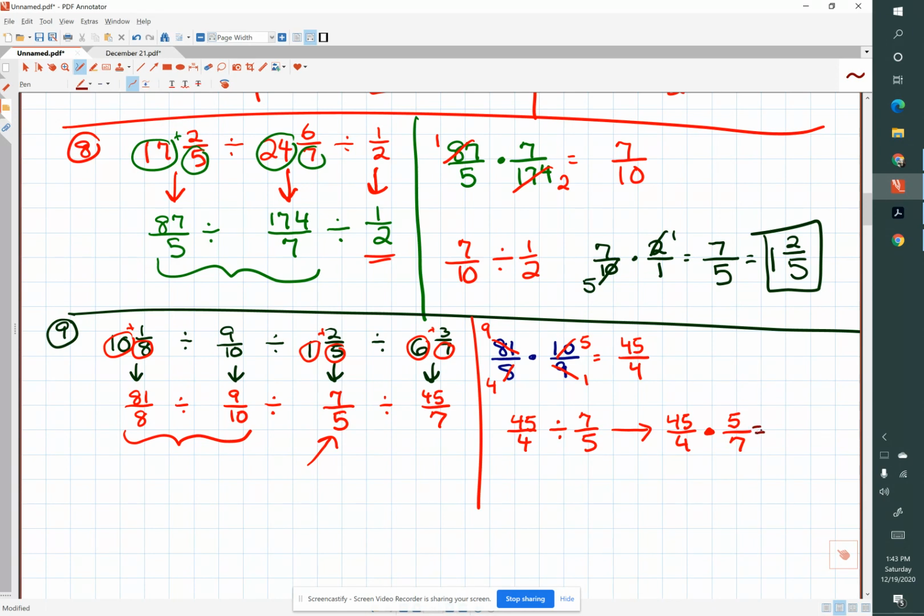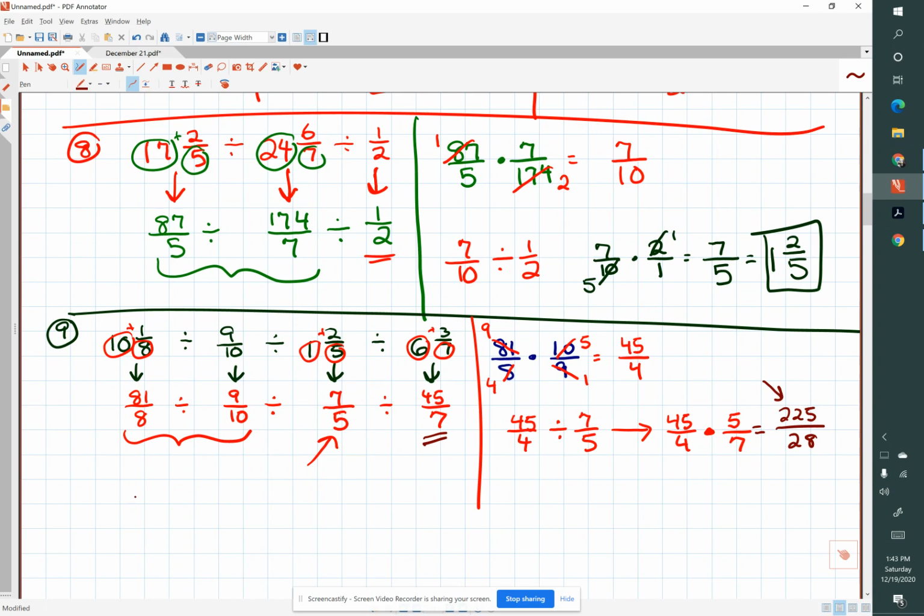So let's just multiply across. 45 times 5 equals 225. 7 times 4 is 28. We're going to leave this as an improper fraction. We're not going to convert it to a mixed number because we still have one more fraction.